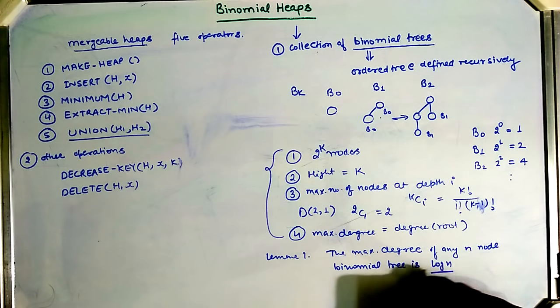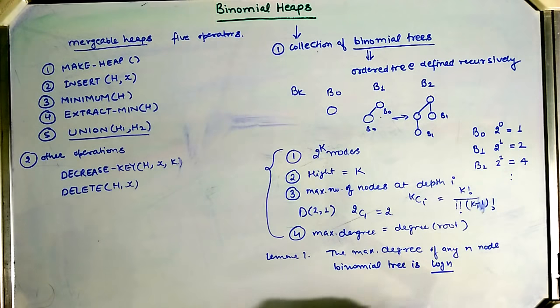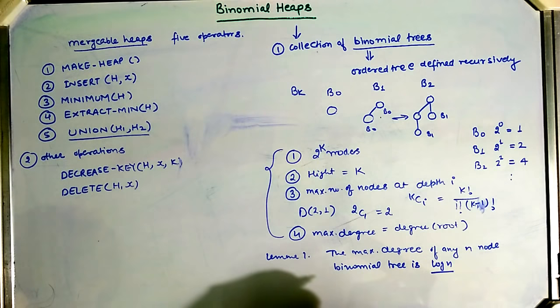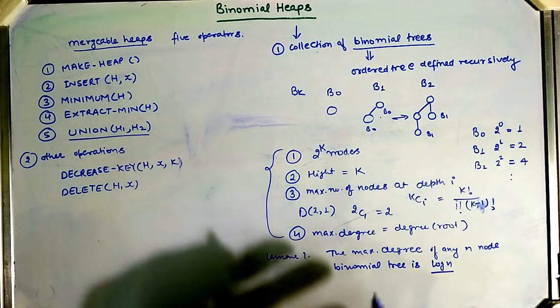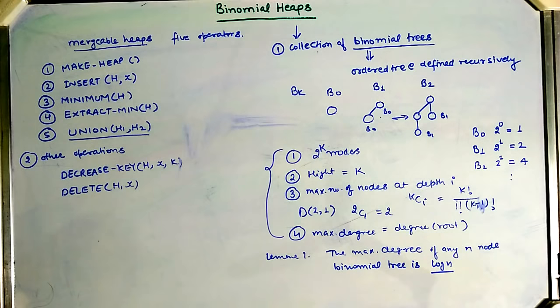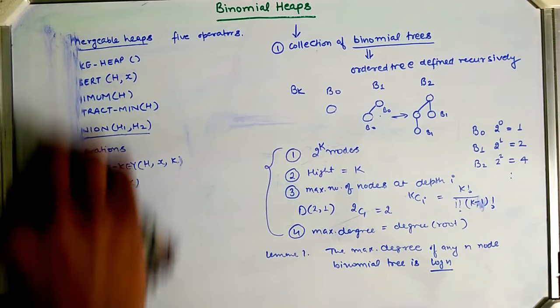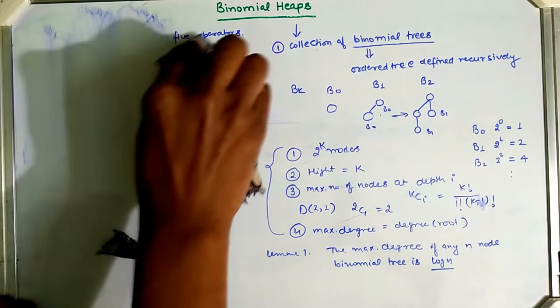So any binomial tree can have the maximum degree as log n. Okay, so this is about the binomial trees. Now, what is a binomial heap? It is a collection of binomial trees. So let's see the definition of binomial heap.